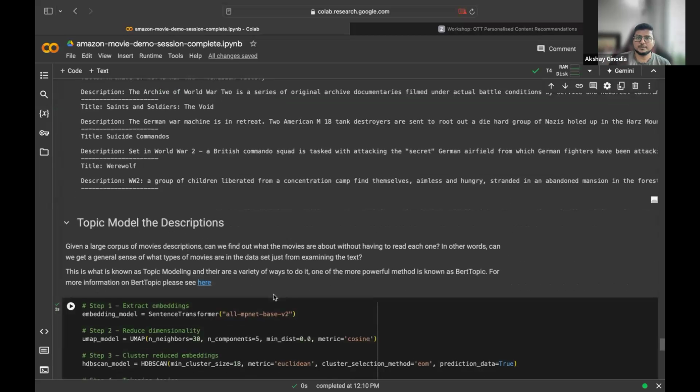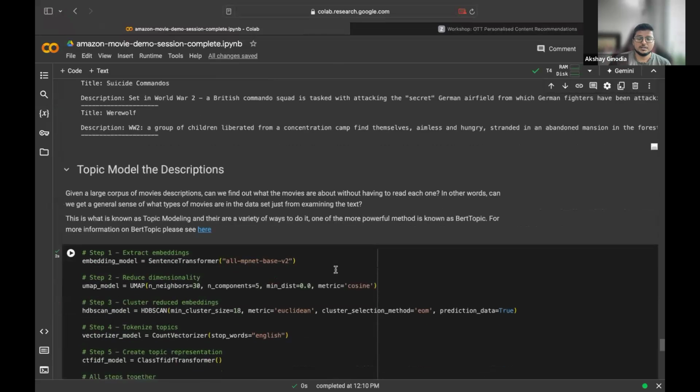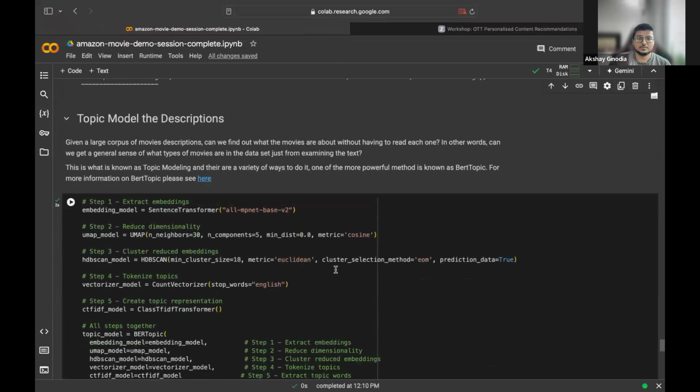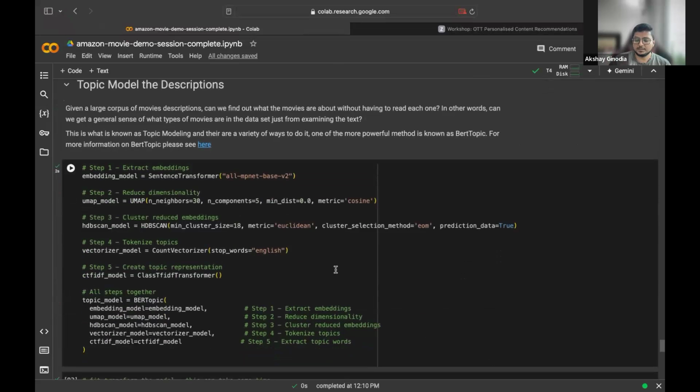The final topic for today is topic modeling, and topic modeling is nothing but if I want to figure out what are the topics or the movies that I have. So if I want to find from the descriptions, not from the movie genres or movie titles, from the descriptions, it has a lot of text, right?